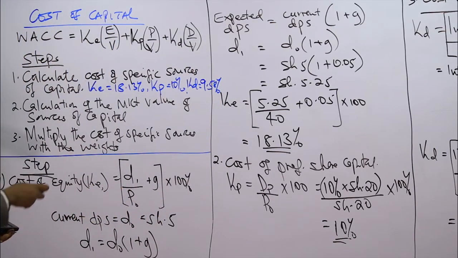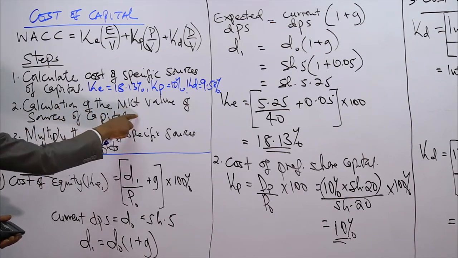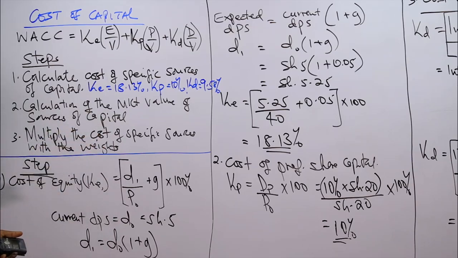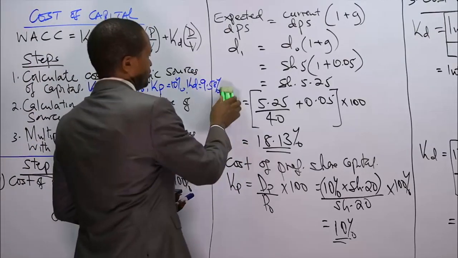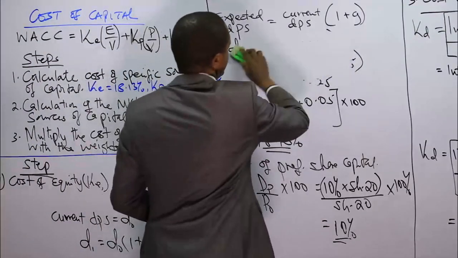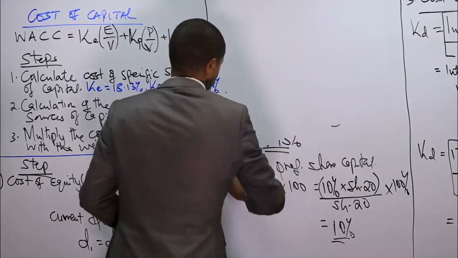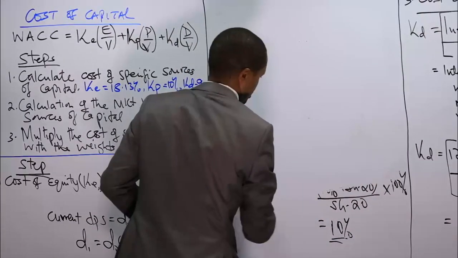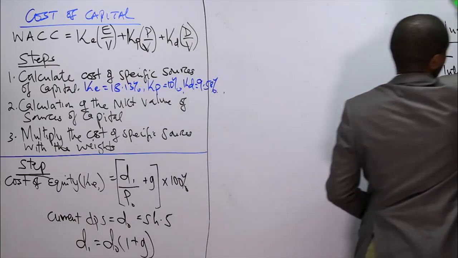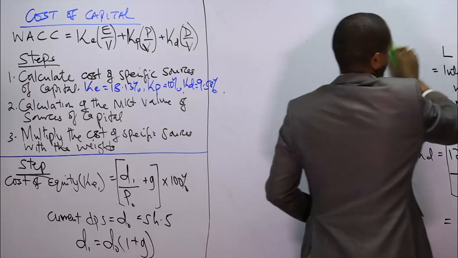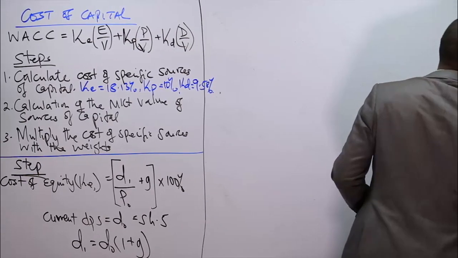Then the second step is the calculation of the market values of the sources of capital. So that is the second stage. And we can do that in a table, to determine the market values.